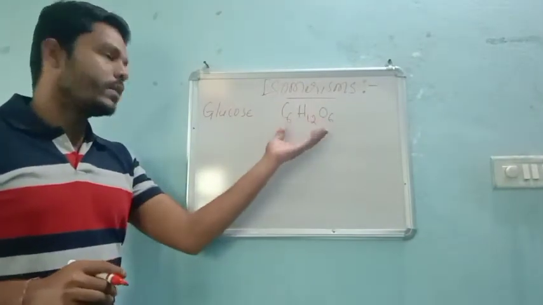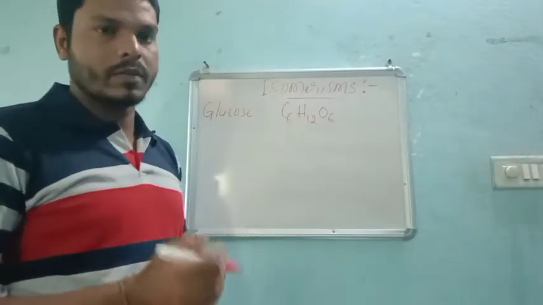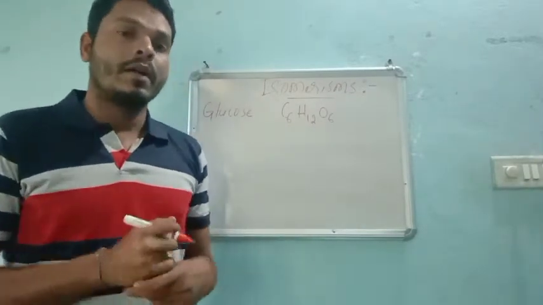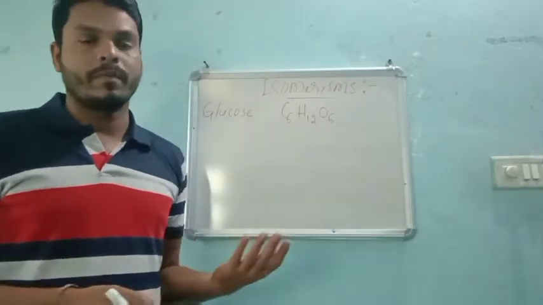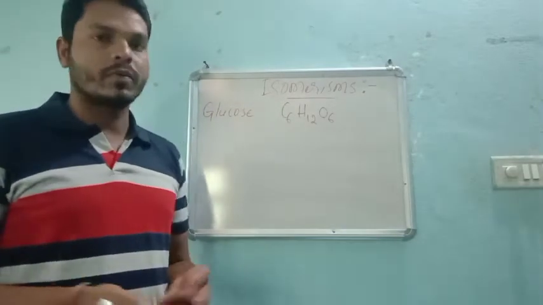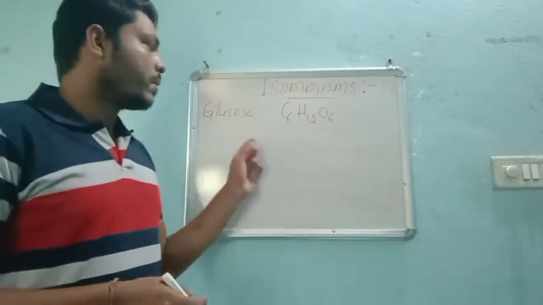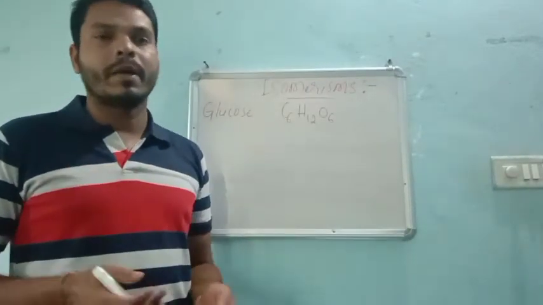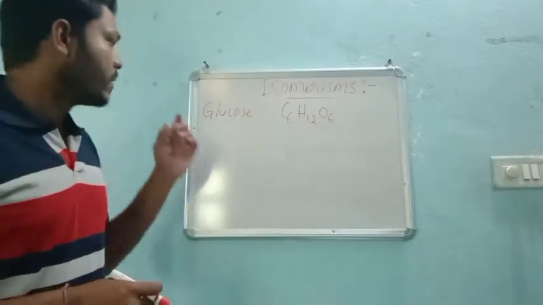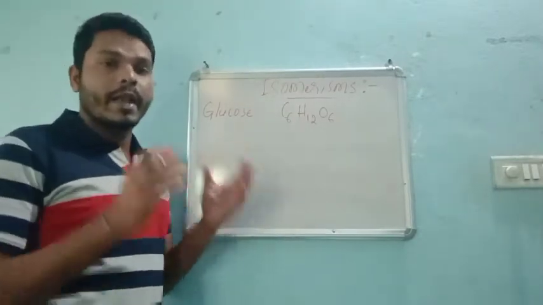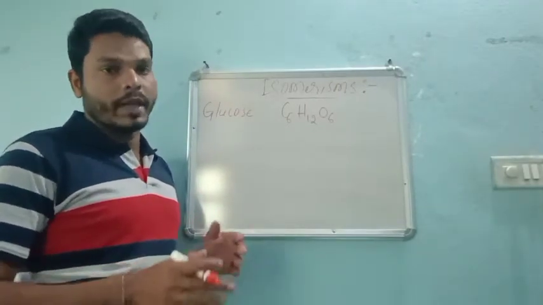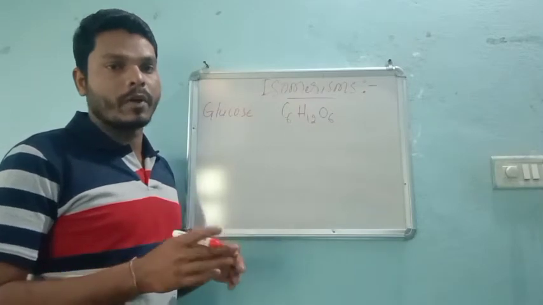So this is nothing but the molecular formula. That means molecular formula is nothing but the number of different elements present in the compound. In glucose, in fructose, whatever it may be, the number of carbon, hydrogen, or oxygen, the total number of elements present, that is nothing but the molecular formula, right?